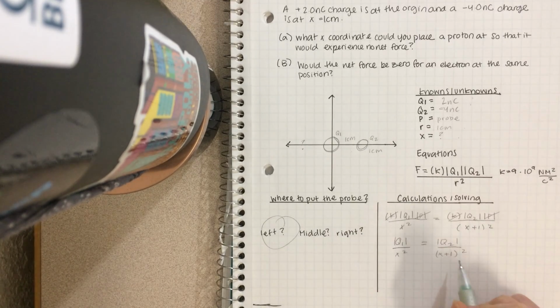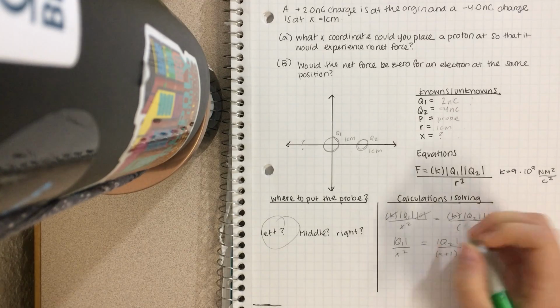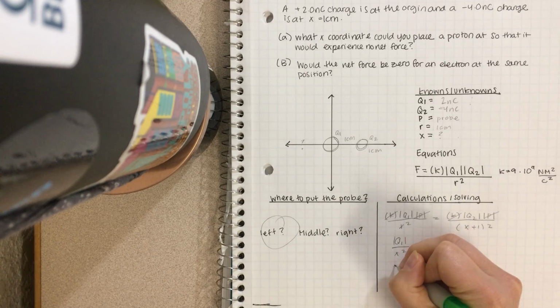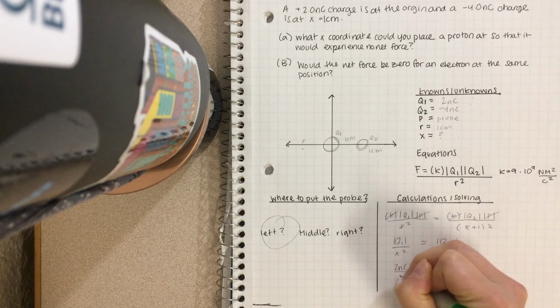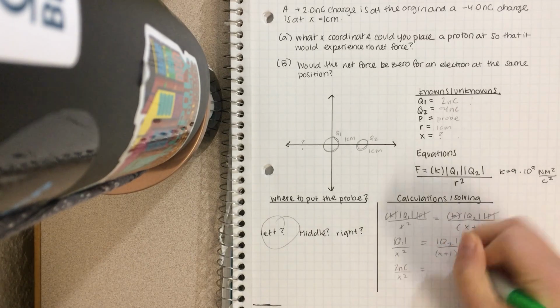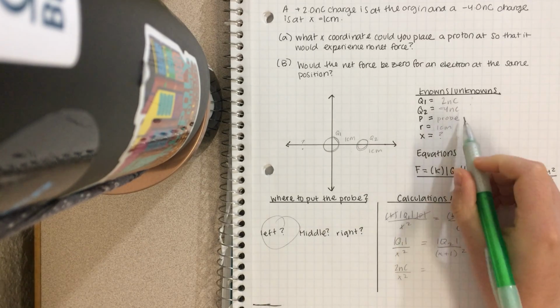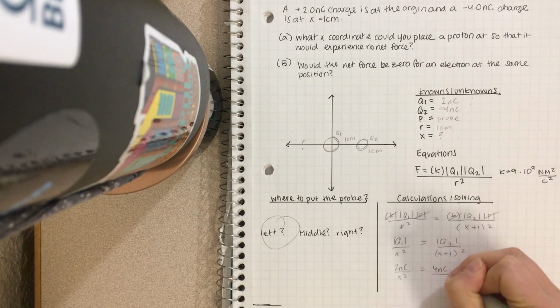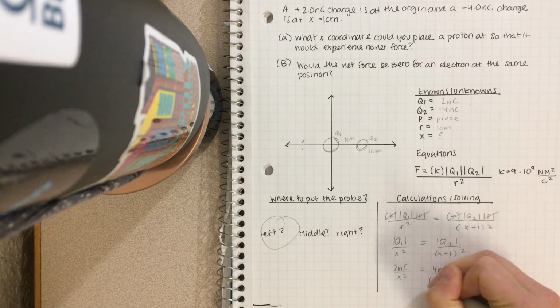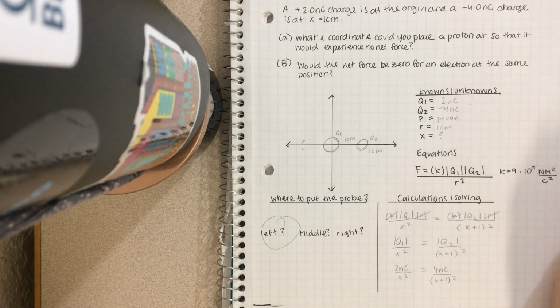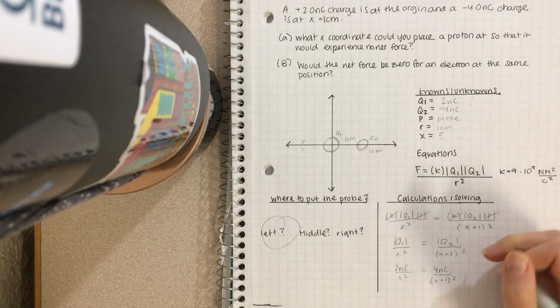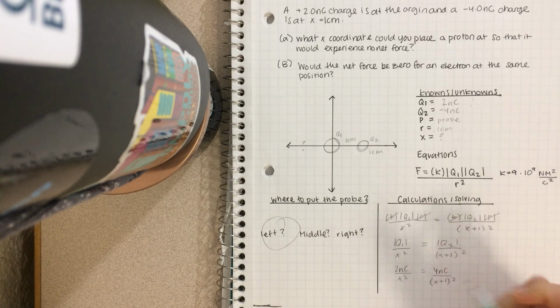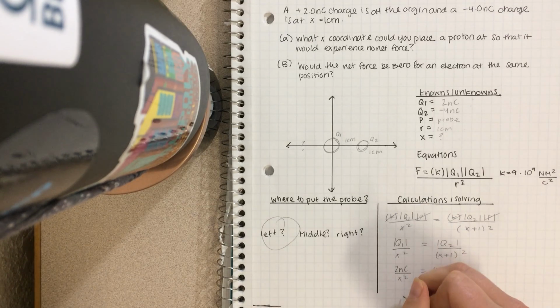Okay, so at this point we're going to plug in for those charges. So 2 nanocoulombs over x squared is equal to, in absolute value, 4 nanocoulombs. We're not going to bring that negative charge in, over x plus 1 squared. And then we're going to cross multiply. Actually, before I do that, I'm going to divide by 2 just to simplify things.